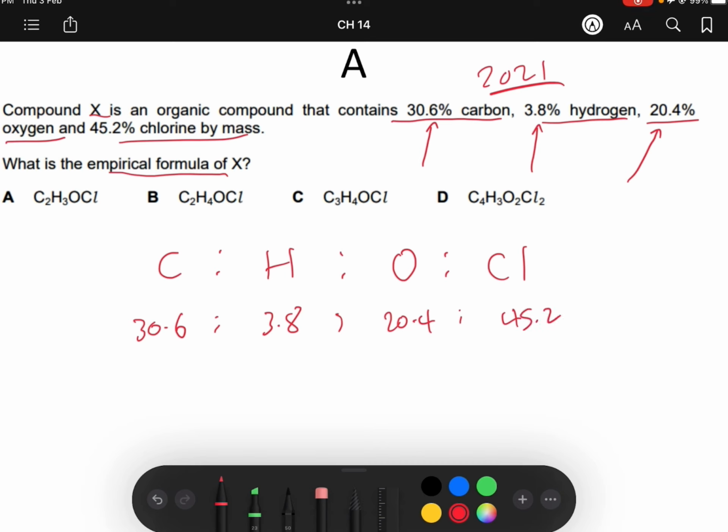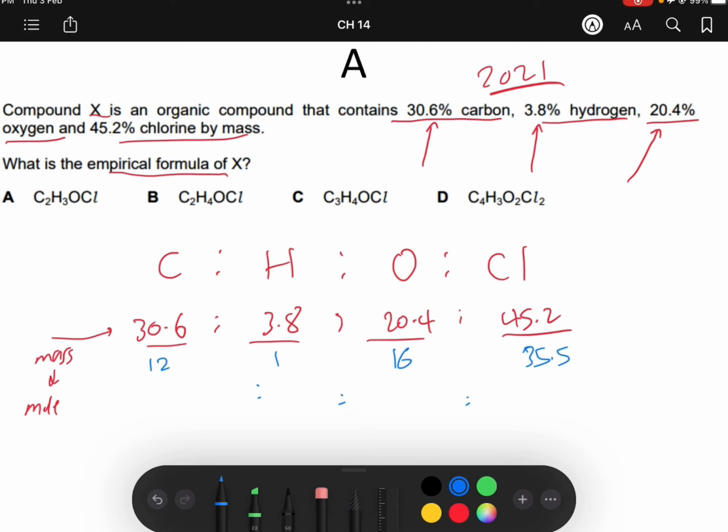Then you change the mass to moles by dividing these amounts by the atomic masses. The atomic mass of carbon is 12, it's 1 for hydrogen, 16 for oxygen, and 35.5 for chlorine. Then you will find the answer.